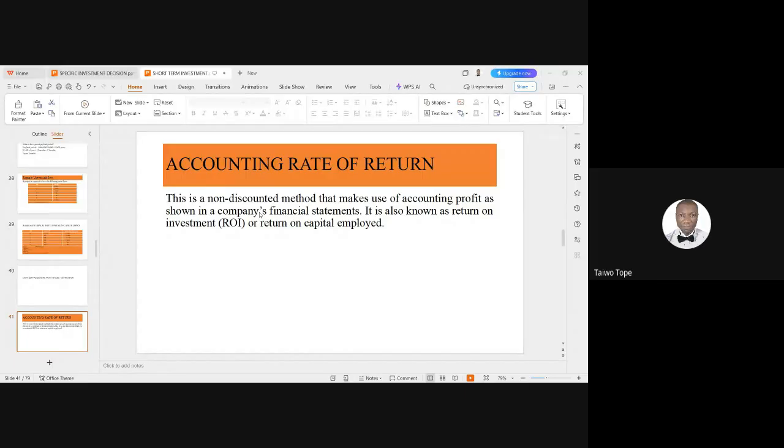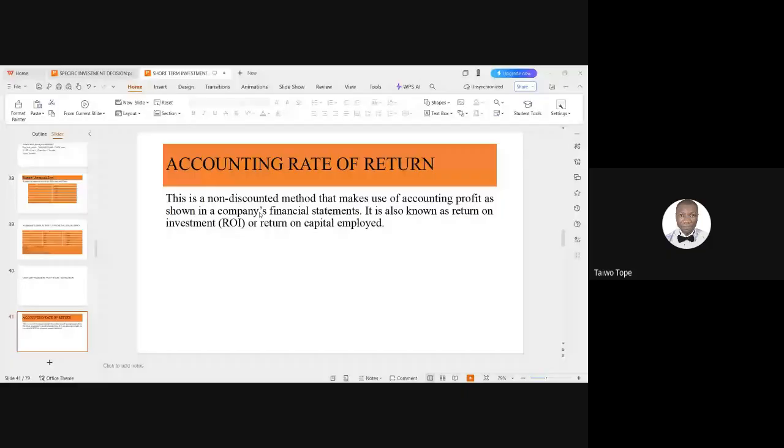Yeah, so accounting rate of return is based on accounting profits and not cash flow. As you can see on the screen, accounting rate of return is a non-discounted method that makes use of accounting profits as shown in a company's financial statement. It is also known as return on investment, ROI, or return on capital employed.